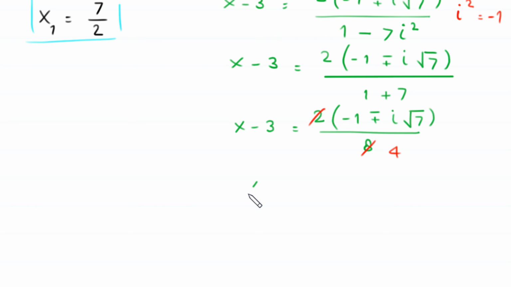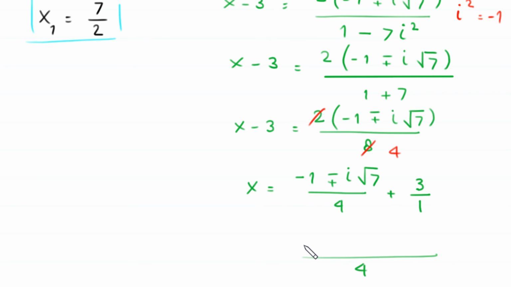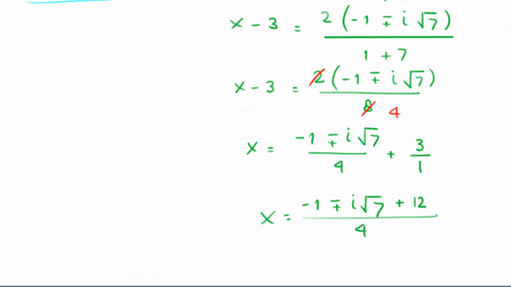This will become x is equal to (negative 1 minus plus i times root 7) divided by 4 plus 3. We can write the denominator 1, and this will become (negative 1 minus plus i times root 7) plus 3 times 4, which is plus 12, equal to x. And this will become x is equal to (negative 1 plus 12, 11 minus plus i times root 7) divided by 4.